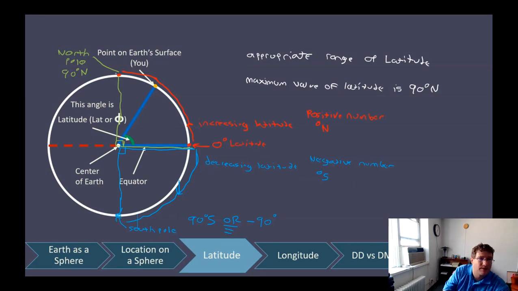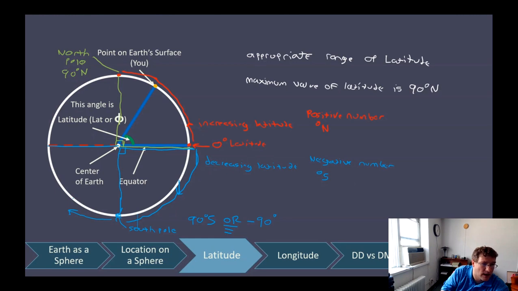Let's then talk about what happens if we kept going. We hit the South Pole and we go this way. What happens if we keep going? Well, if we think about this measurement relative to the latitude measured against the equator, going this way is the same as measuring from this direction.